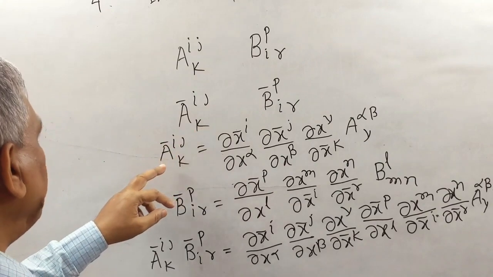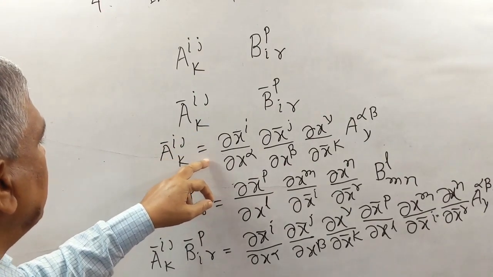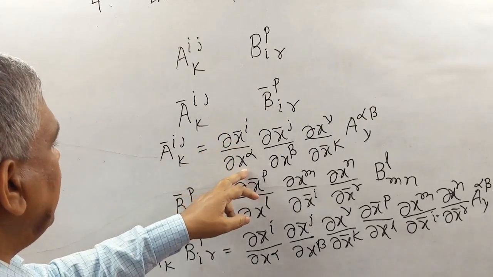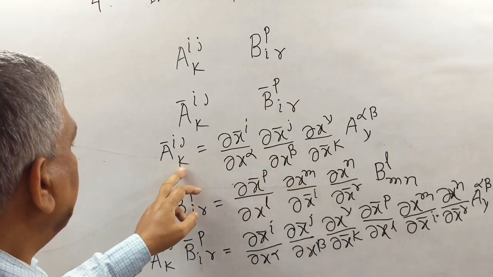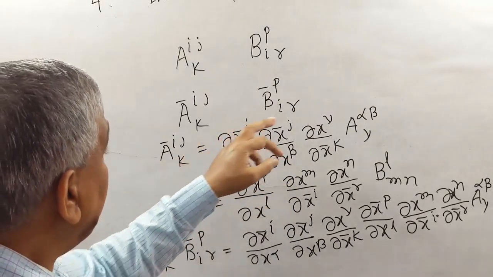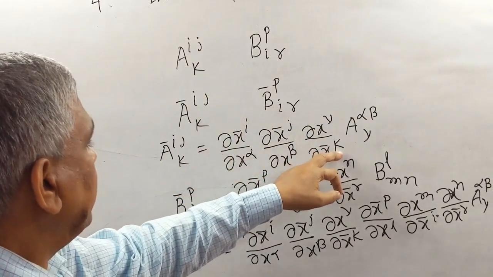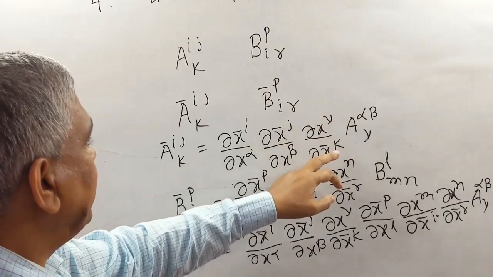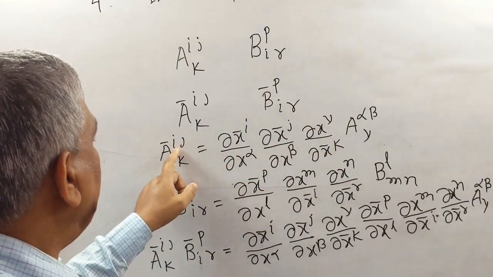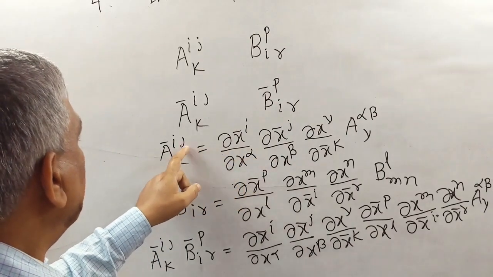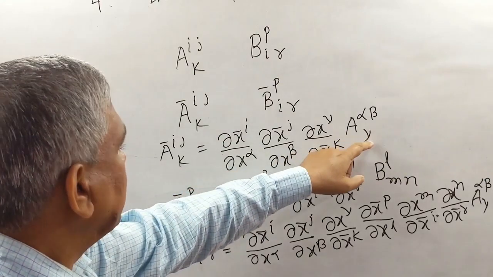According to the tensor law of transformation, A bar ijk equals del x bar i by del x alpha, del x bar j by del x beta, del x gamma by del x bar k, since k is at lower position, so we write it at lower position; in place of i we write alpha, in place of j we write beta, for k we write gamma.